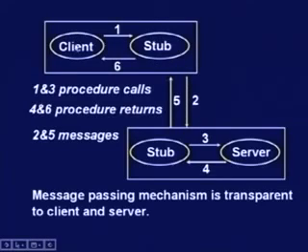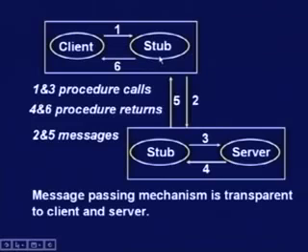Whenever the client wants some service from the server, note that the client and server are both processes on remote machines connected through a network. The client simply calls a procedure on the stub, that is 1, a procedure call.